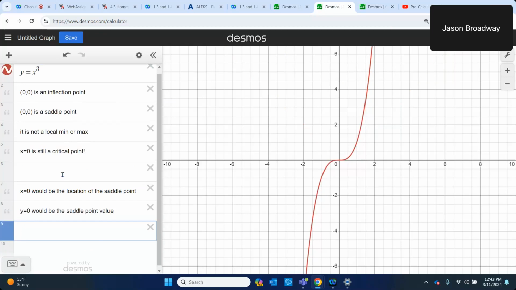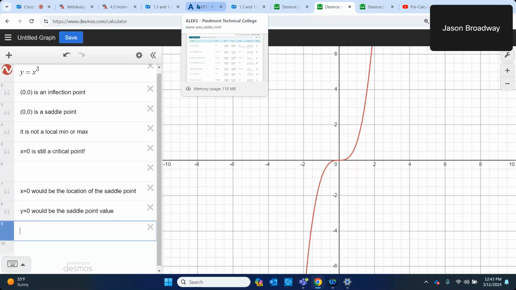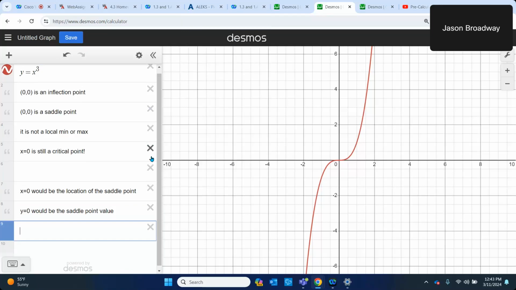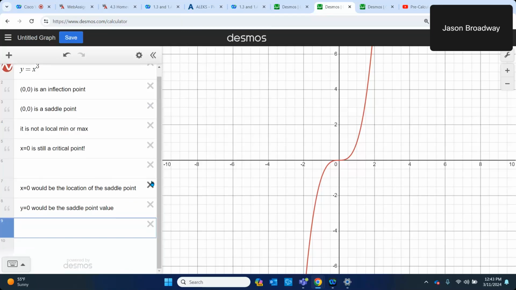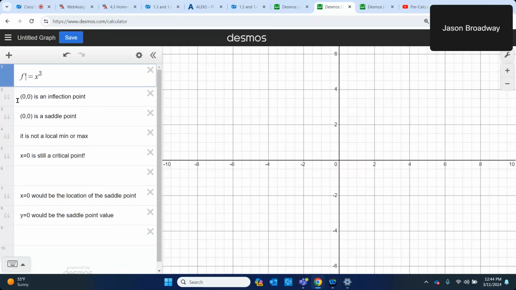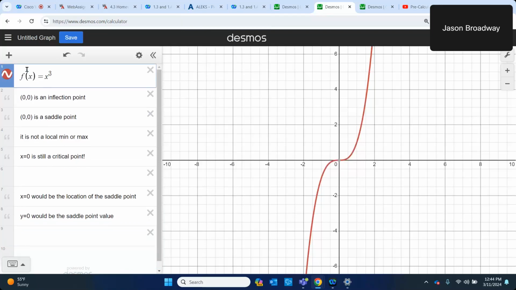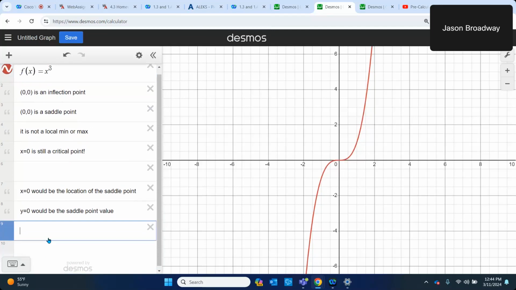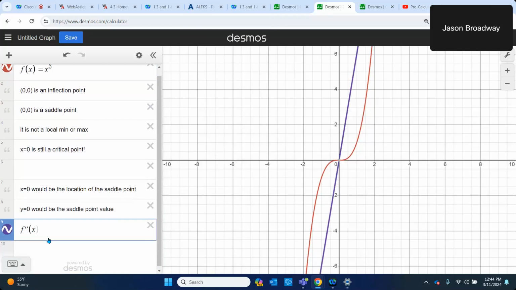And it's still a critical point, even when we get saddle points, right? And notice, guys, it is an inflection point. If we let f of x equal x cubed, and indeed, if you do the double derivative, f double prime, that would be 6x. f double prime is this purple line, and it changes sign, right?